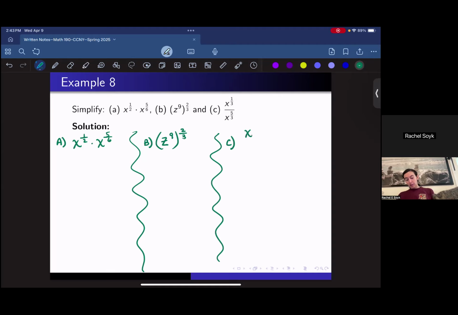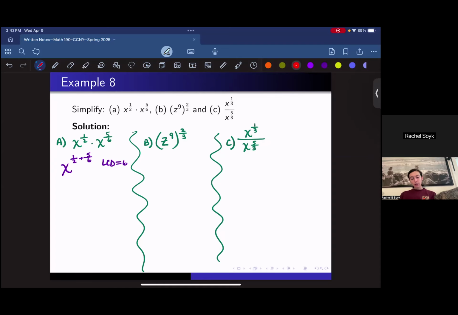And when you're adding two fractions that have a different denominator, we want to make sure that we get the same denominator, so we must find an LCD. So what is the LCD between 1/2 and 5/6? Our LCD is just 6.